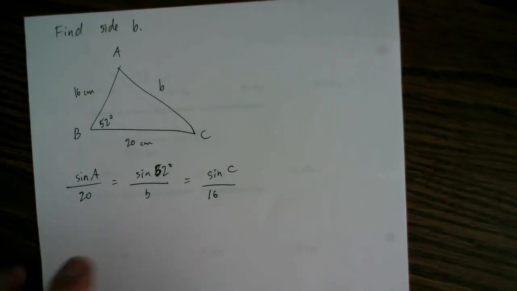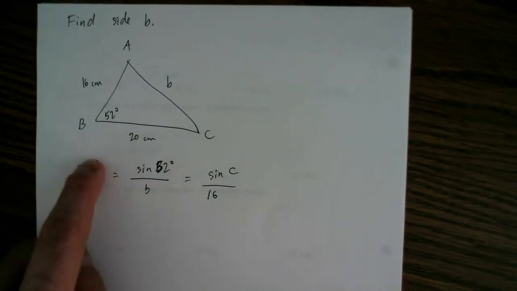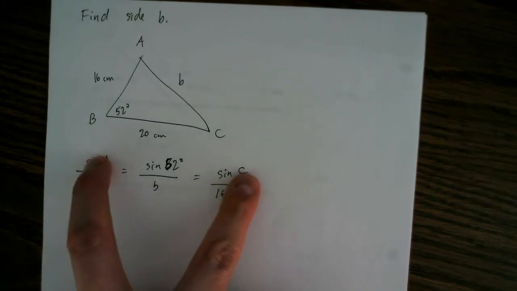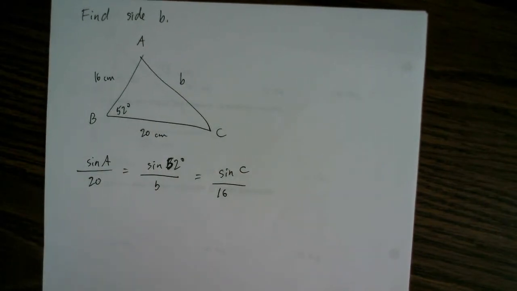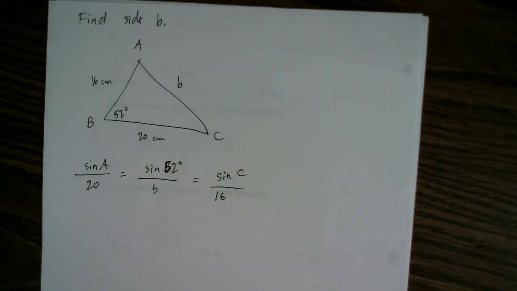Now, if we take these two expressions and equate them, then we have two unknowns, so we can't solve that. If we take these two, we again have two unknowns, and there's nothing we can solve for. If we take these two, we have two unknowns, we can't solve for it. So the sine law is not going to help us in this case.